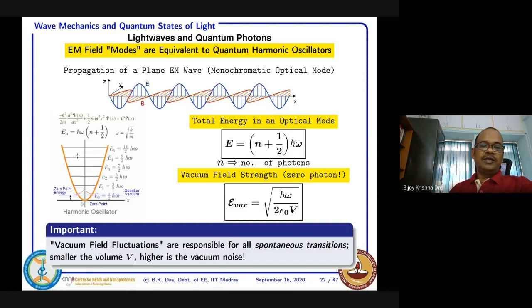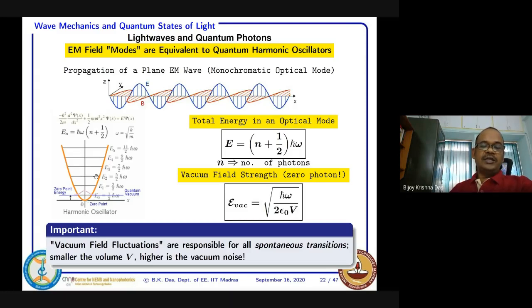Now here the energy is shown. This red parabola is the potential as a function of x, where x is the axis. Because it is half m omega square x square, it goes like this, symmetric about the axis for both negative and positive x.